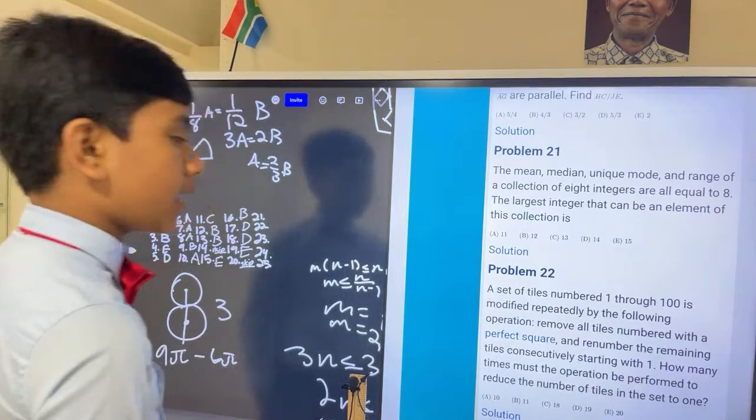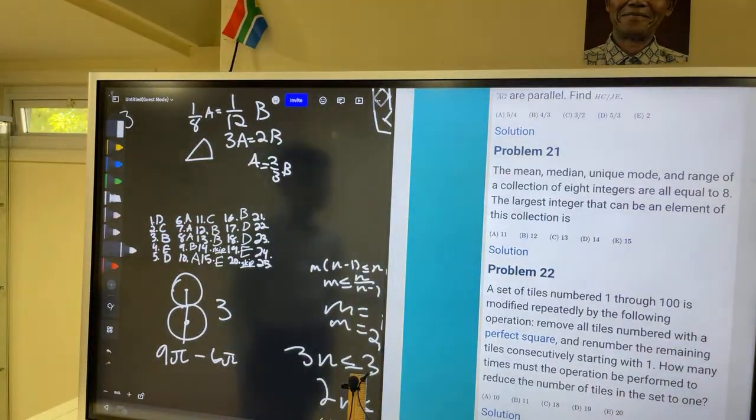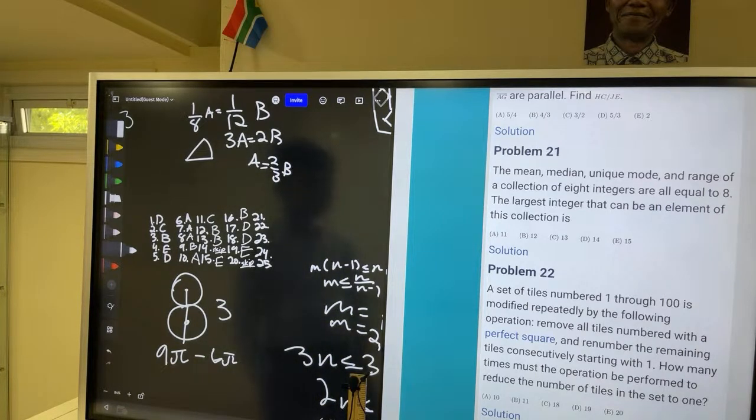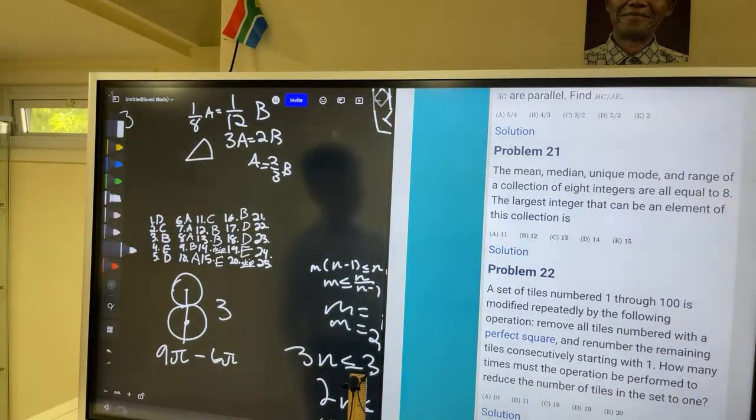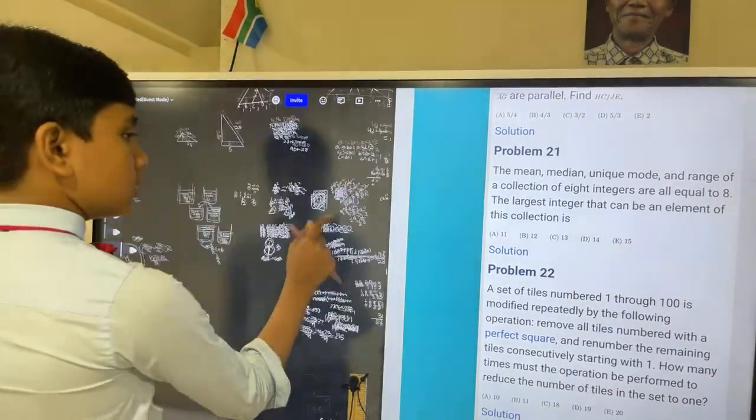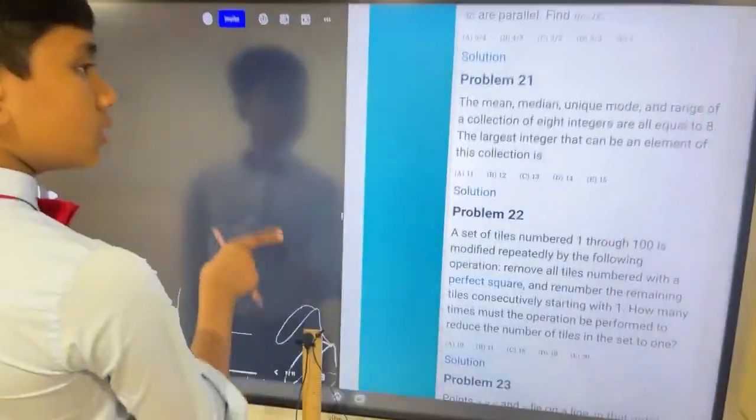Okay. Mean, median, mode, and range of a collection of 8 integers are all equal to 8. The largest integer that can be an element of this collection is... So let's see.